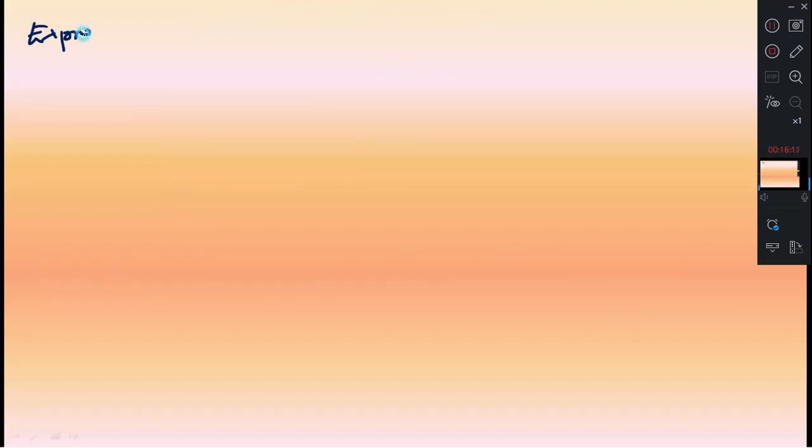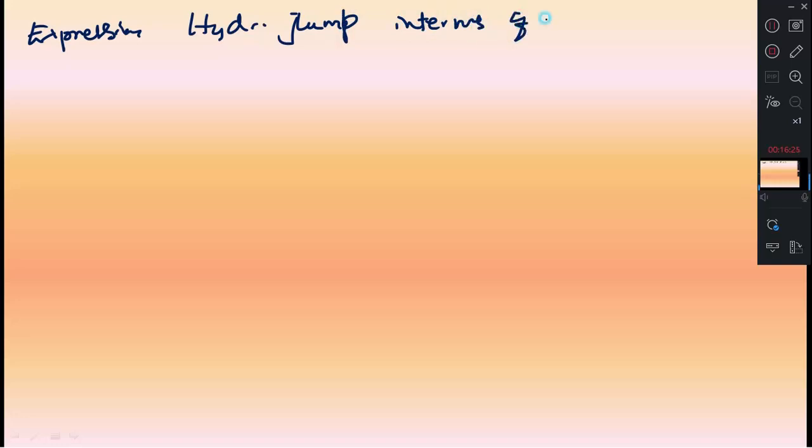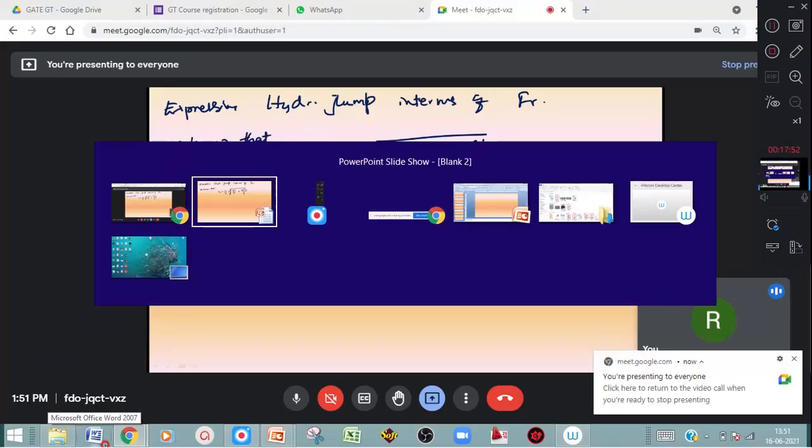Now the expression of hydraulic jump in terms of Froude number, that we will write again. We know that. Now what is Froude number?